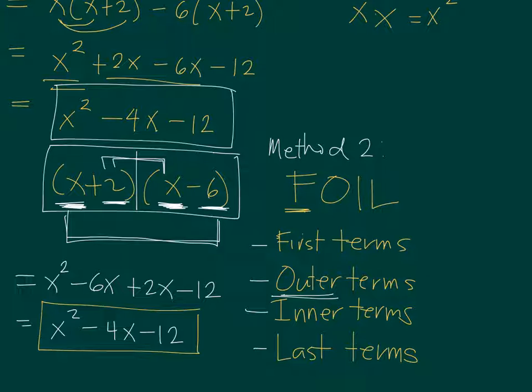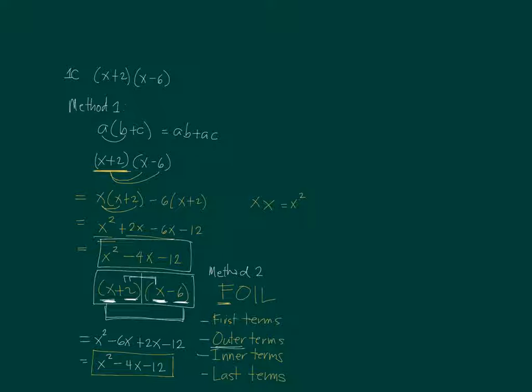There might be other ways on how to expand the expressions, but for now I'll just limit it to 2 methods. So method 1 is the distributive law, applying the distributive law, and then method 2 is the FOIL method. Okay, so let's proceed to the next one.